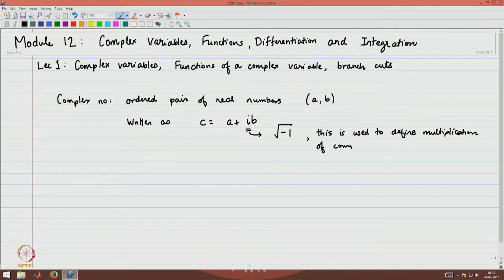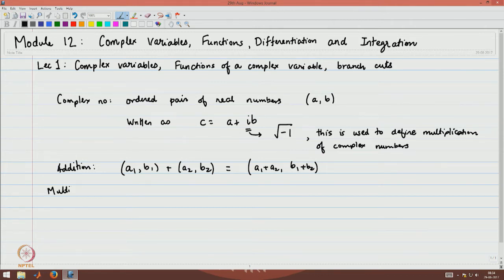Okay. So for example, if you have various operations, if you have addition, (A1, B1) plus (A2, B2) is equal to (A1 plus A2, B1 plus B2). So it is just like vector addition. Okay. Now you go to multiplication. So if you have (A1, B1) multiplied by (A2, B2), okay.